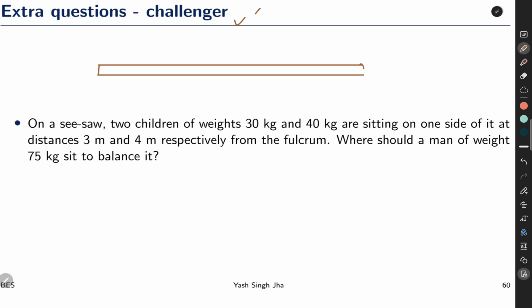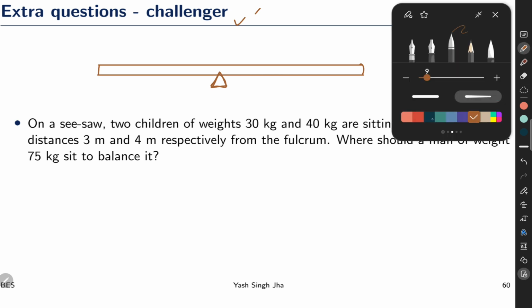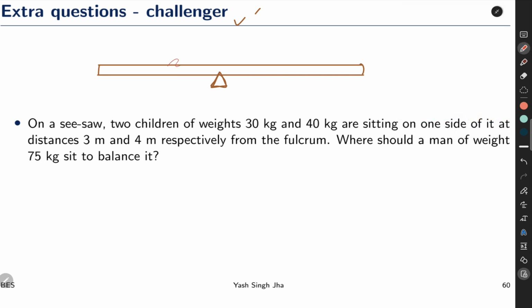The fulcrum of a seesaw is always placed at the middle. They are saying there are two children of weights 30 kg and 40 kg. So there is one kid here, this is 30 kg.